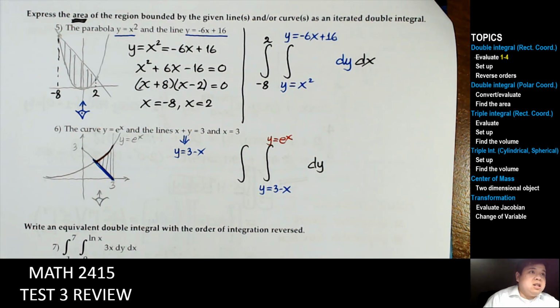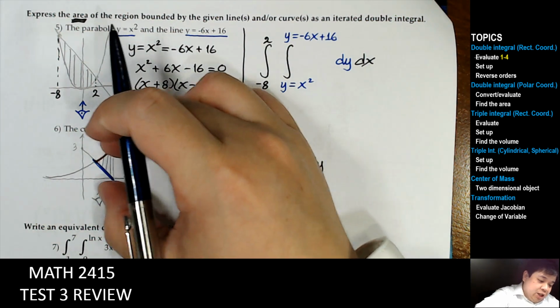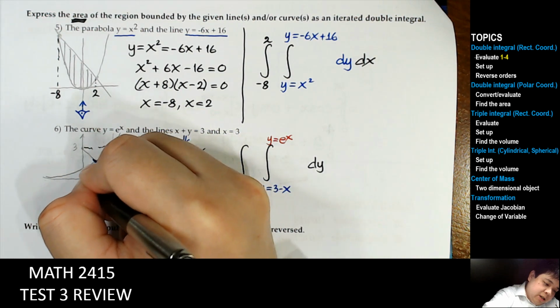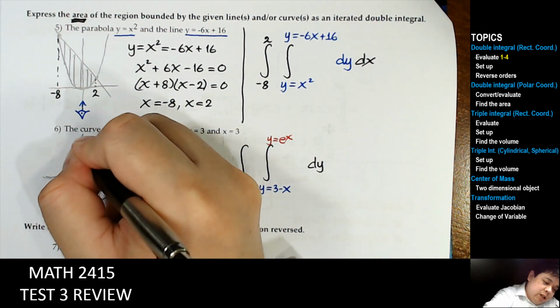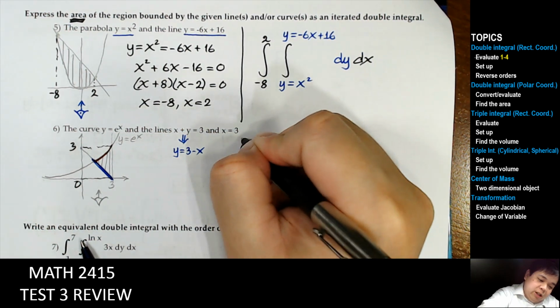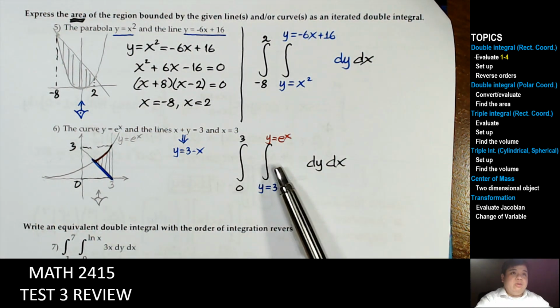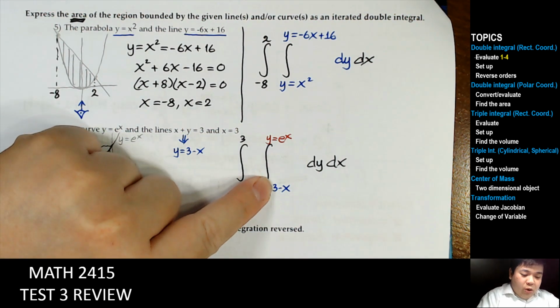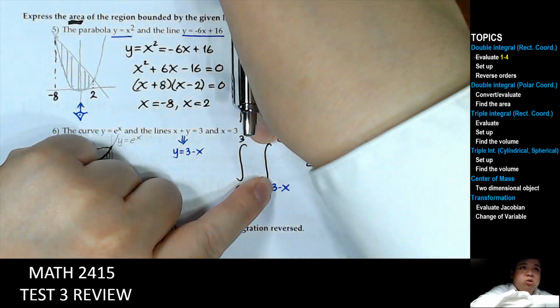Once we've done that, we just see what will be the limit for x. On the x-axis, we see that the region is from 0 to 3. So just say 0 to 3 for x. Again, we don't need the function here because we evaluate the area. And we also don't need to write y equal to. We just need to write the limit.